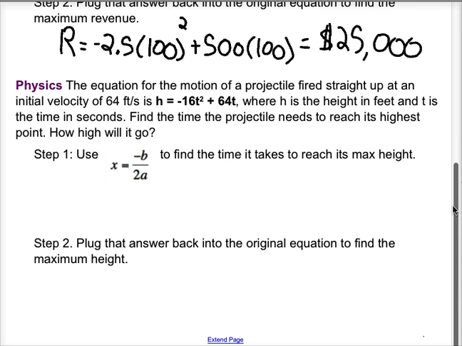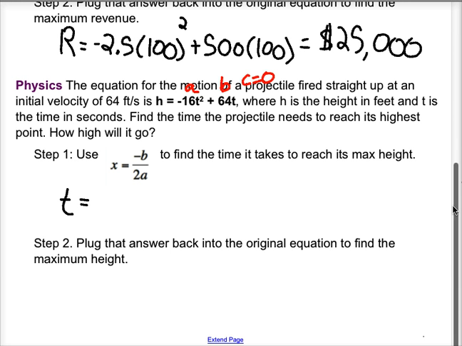In this case, that's going to be what t value, what time is going to produce that maximum height. So again, I would label out my a is negative 16, my b is 64, and there is no c shown. So that means c is going to be 0.